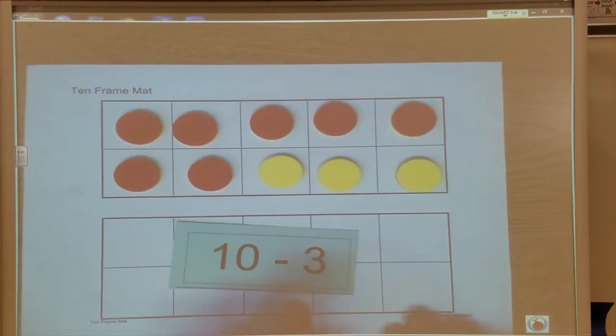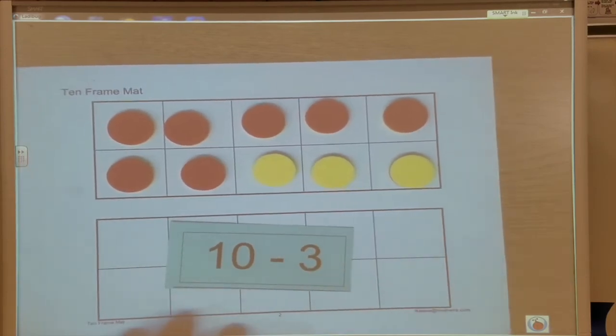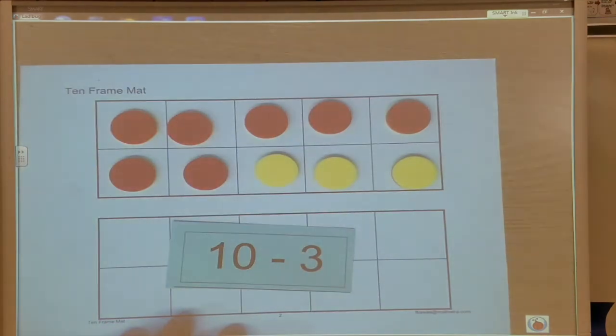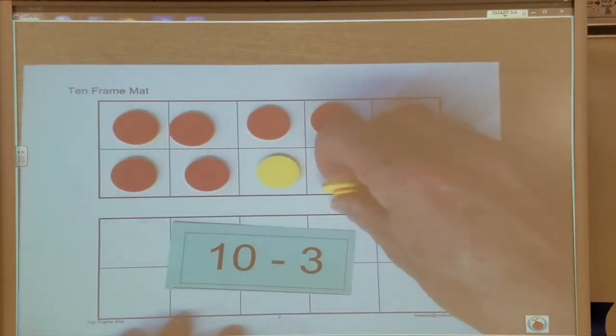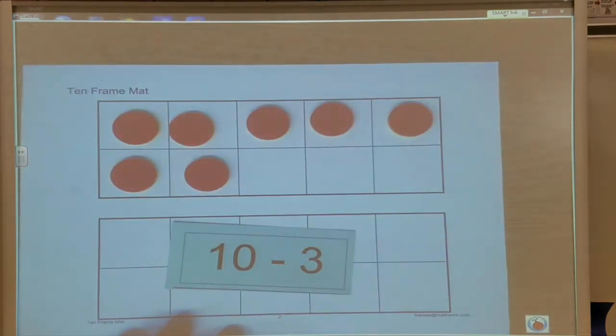So in this problem, if I am modeling it, I say, well, there are 10 in all, and I take away 3, how many are left? 7 are left.